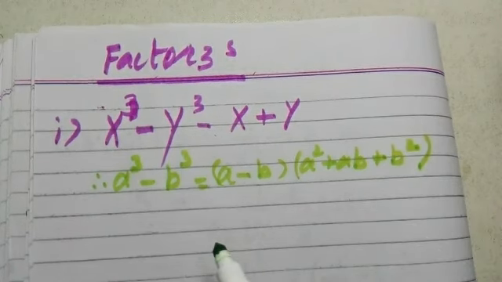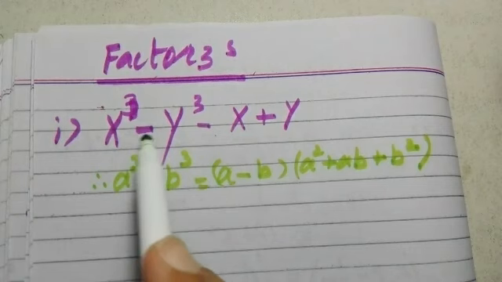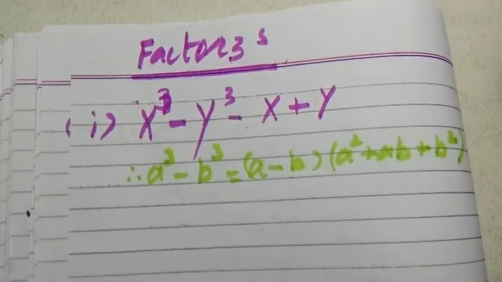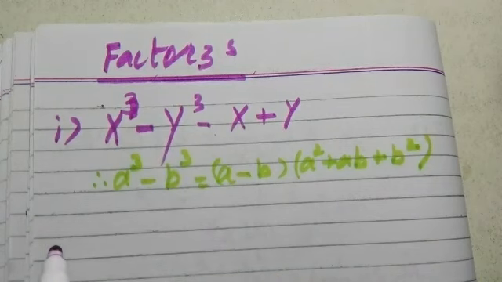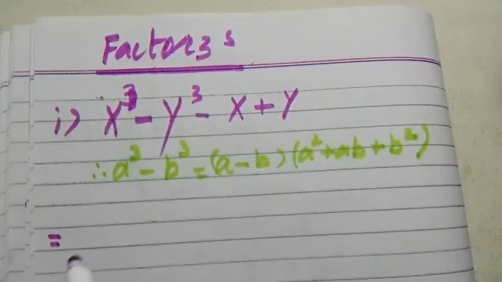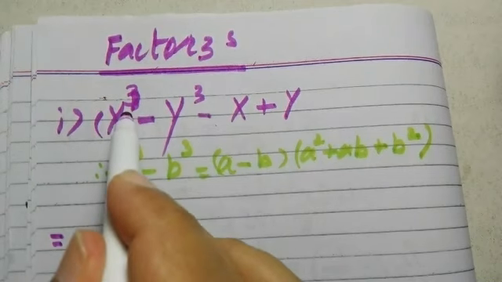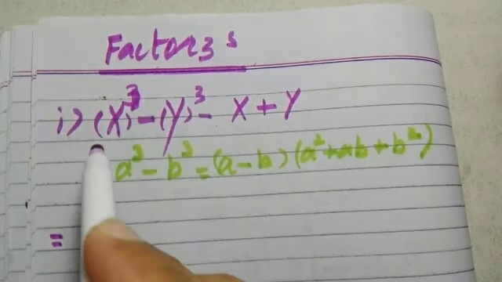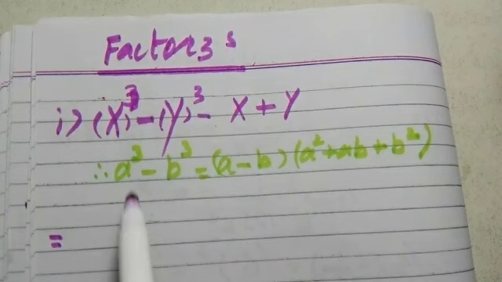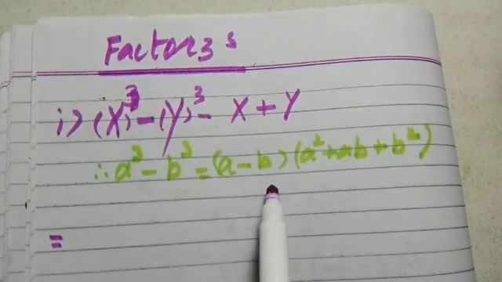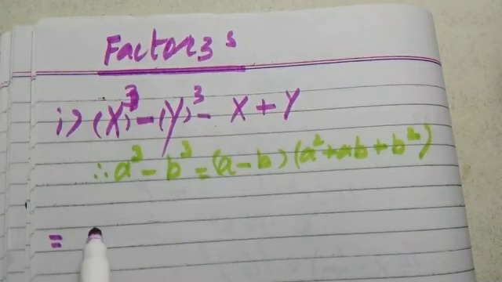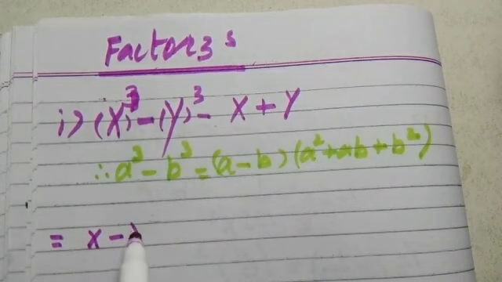So by using it on this part, on the first two parts, if you take x cubed and y cubed as A and B, by using the formula on first two terms only, you will get parallel to this. In place of A you will write x, in place of B you will write y.